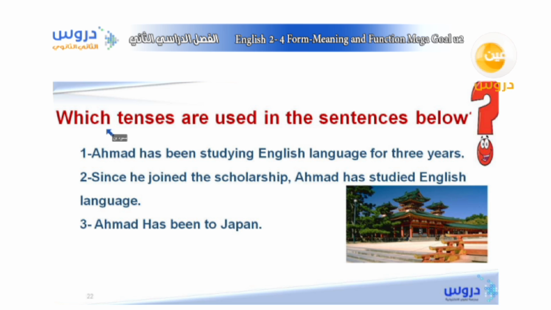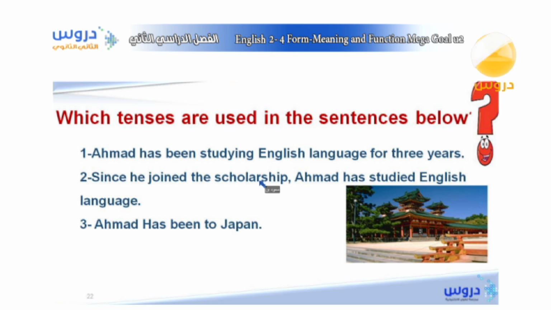Okay, which tenses are used in the sentences below? After the discussion of using the present perfect progressive and present perfect simple, we can recognize which tense is used. Ahmed has been studying English for 3 years.